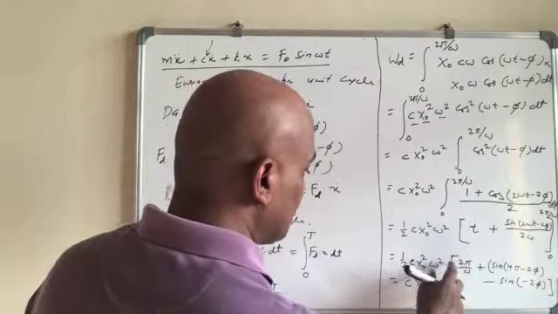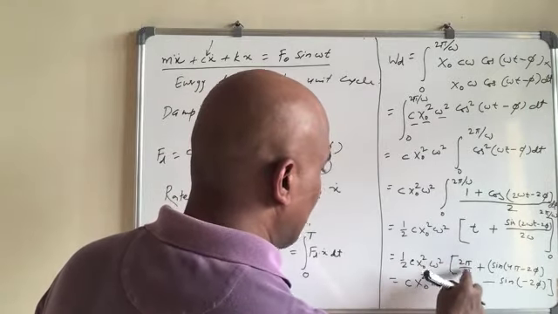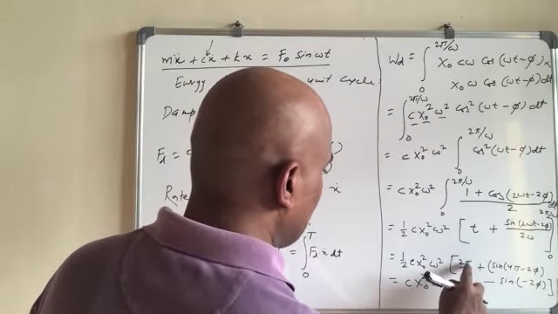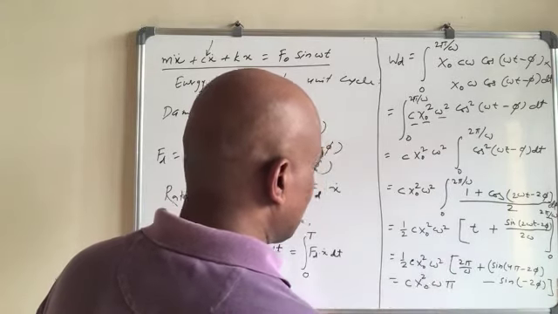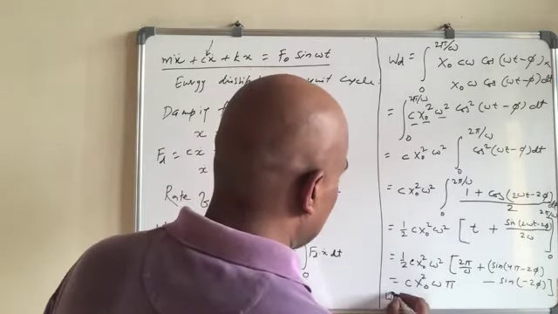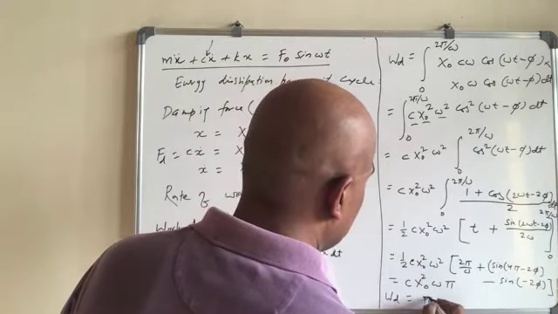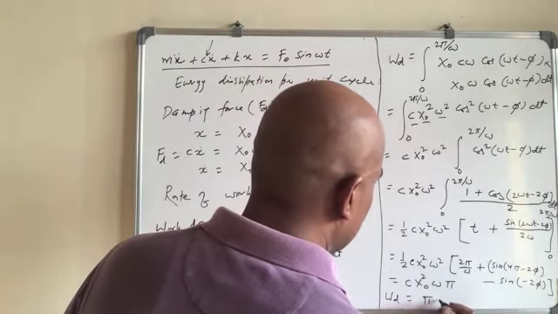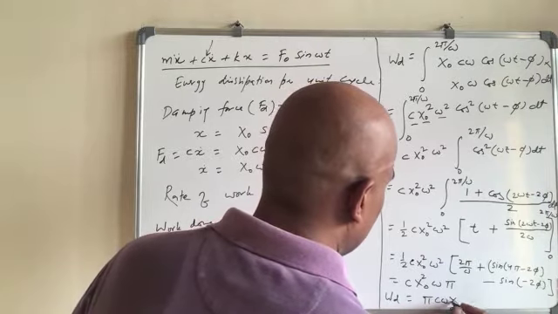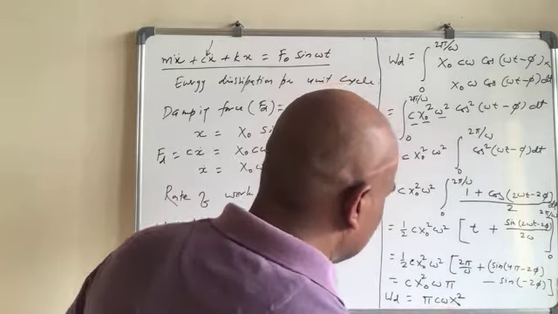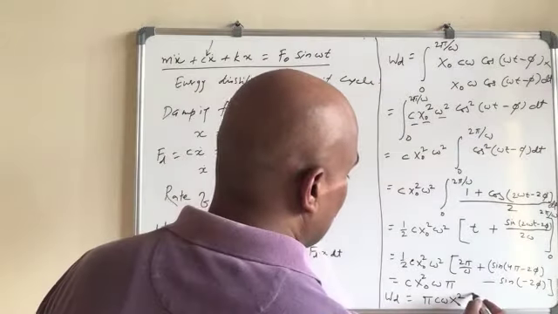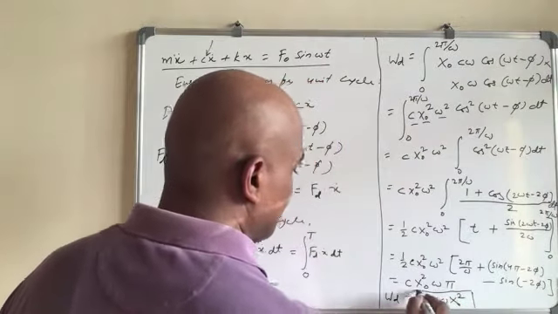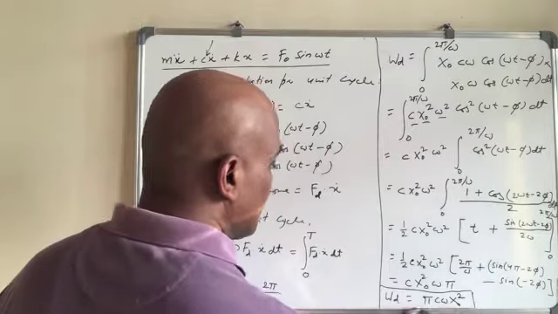You have pi from here, just one omega here, and c x naught square, so Wd is equal to pi c omega x naught square. This is the energy dissipation, this is the work done basically, and this is the dissipated energy.